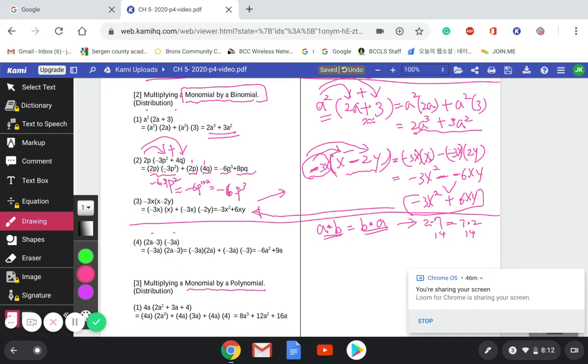So it is okay to change the order of each number or variable as long as they are multiplication. So just for the convenience, we're going to rewrite this one as a monomial times binomial, and then you distribute them. Minus this. So you have negative 3a times 2a.